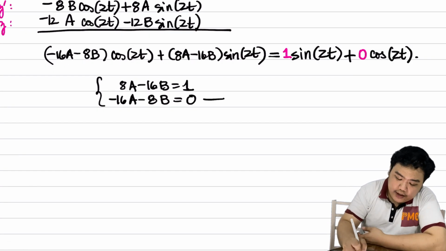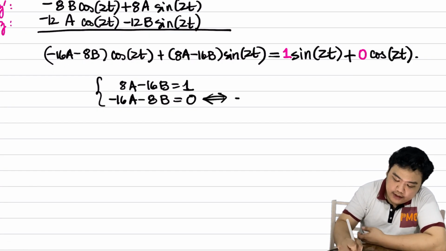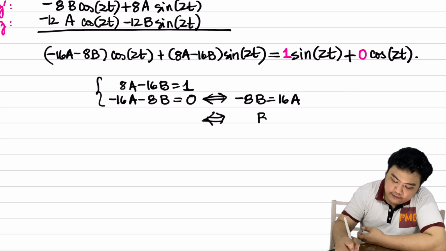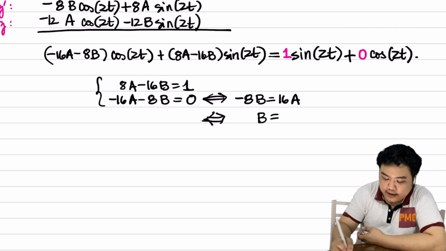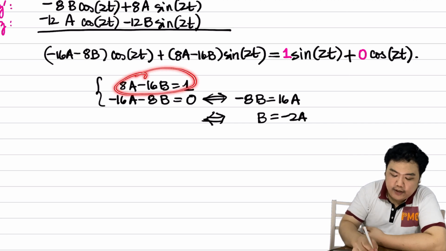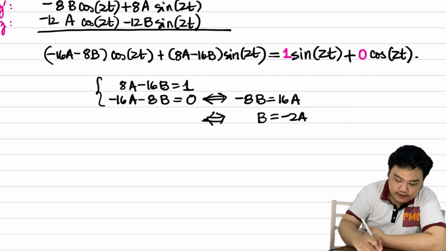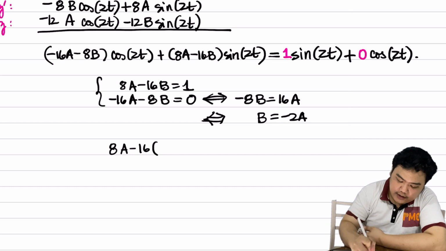In the second equation, I will express B in terms of A. Dividing both sides by negative 8, we get B equals negative 2A. And then in this equation, I will replace B by negative 2A. So, 8A minus 16 times B, which is negative 2A, equals 1.